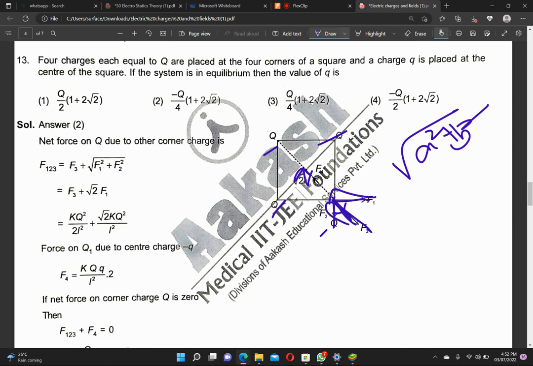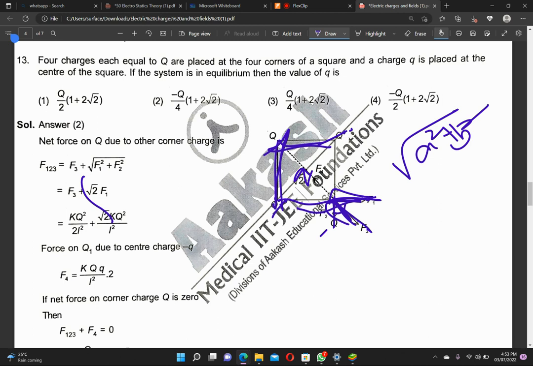This F3 is the resultant of these two forces, so it is kq squared by L squared plus root 2 F1, where F1 is for this and this.